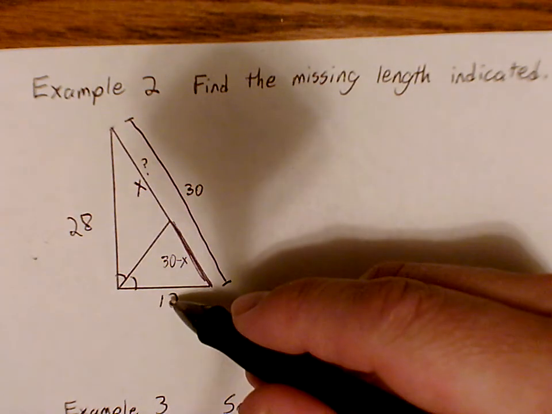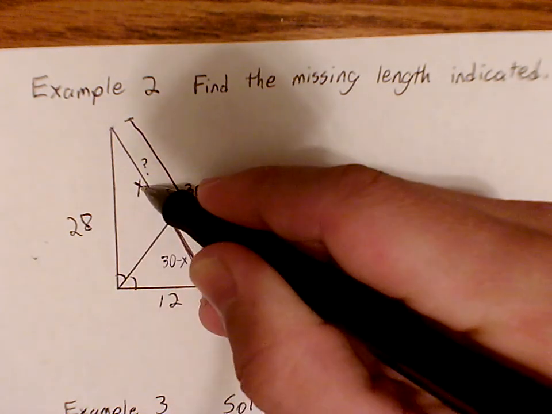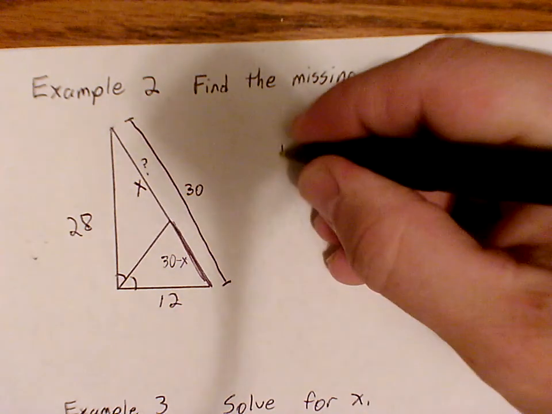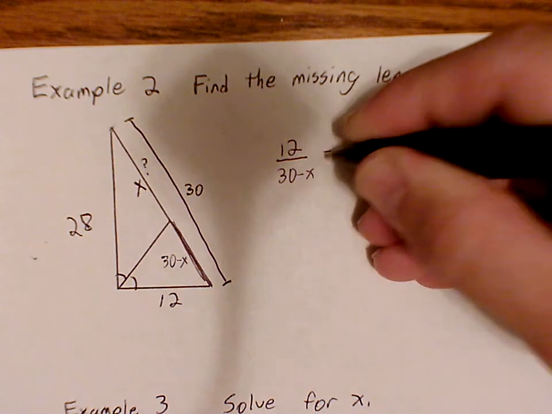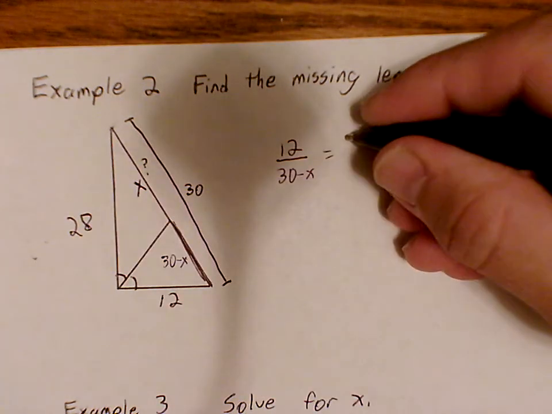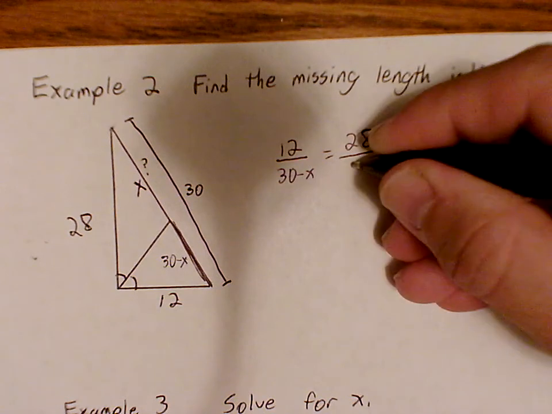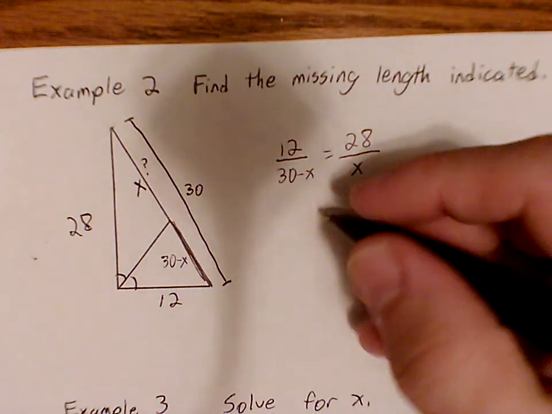So I'm going to consider this my A, this my B, this my C, this my D. So 12, which is A, over 30 minus x, equals 28, which is C, over x. And now I'll go through the whole exercise again of cross multiplication.